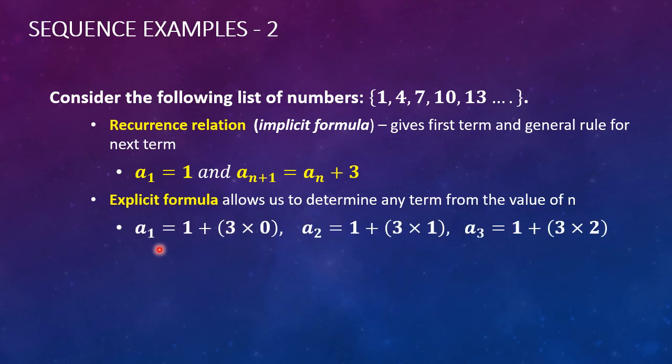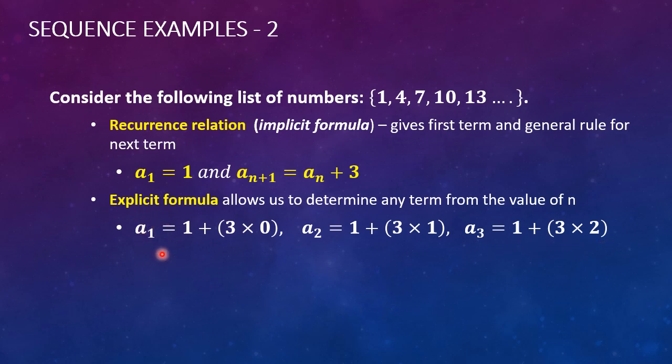So we know that a sub 1 equals 1 plus 3 times 0. We know that a sub 2 equals 1 plus 3 times 1. We know a sub 3 equals 1 plus 3 times 2.